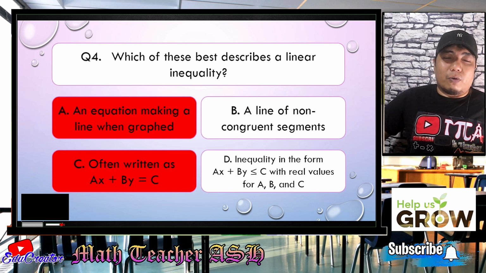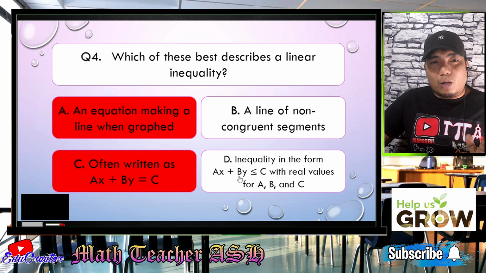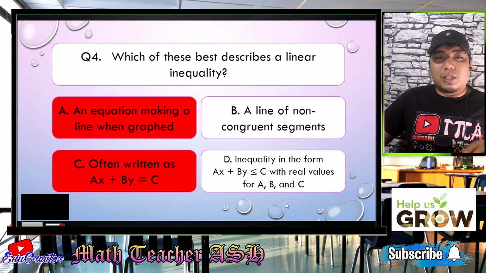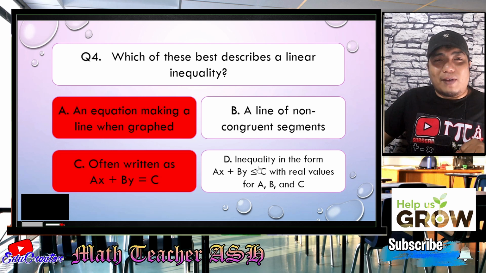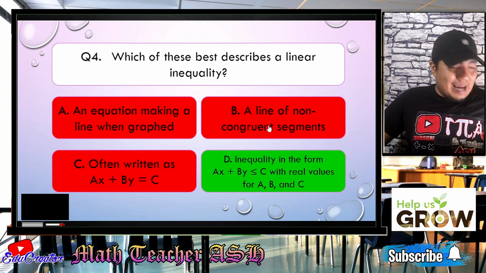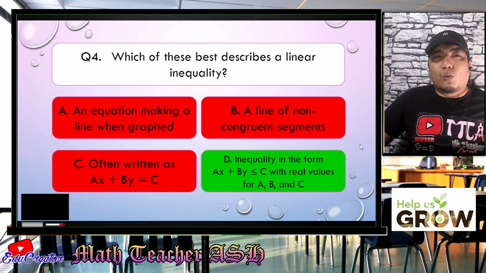Of course, the correct answer is letter D, because the linear inequality in two variables expresses this form in which a, b, and c are real values. So the correct answer is letter D. All right. Easy, right? Very easy, my dear math learners. Now let us go to question number 5.